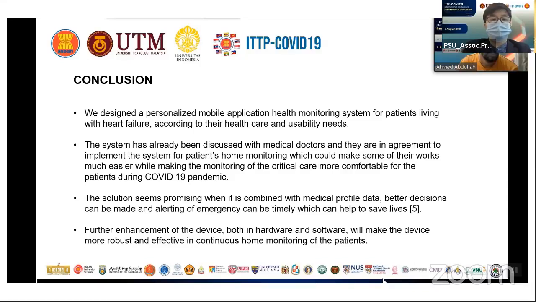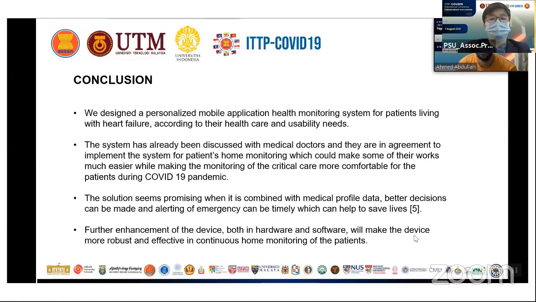Then the solutions seem promising when combined with medical profile data. Better decisions can be made, and a rating of emergency can be timely, which can help to save lives.